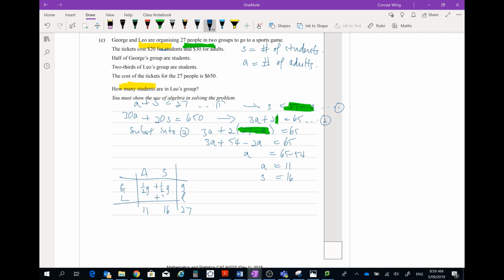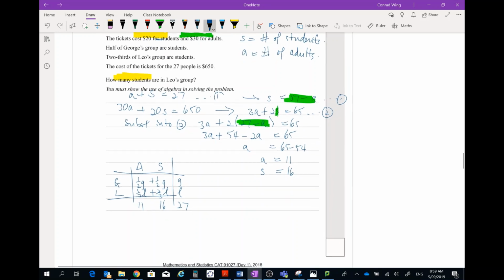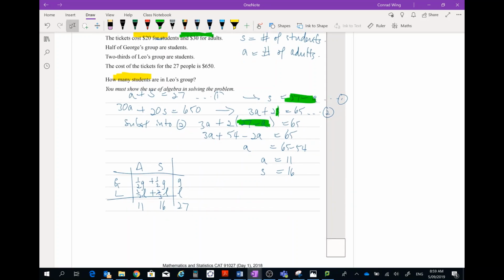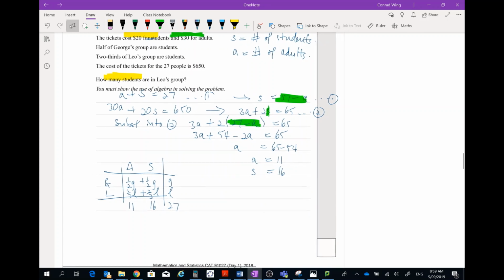So I've got here 2/3 of L, and this is 1/3 of L. So you have to form another set of simultaneous equations. It's not as bad as you think. Looking at adults, half of G plus 1/3 of L is 11. And the second one says half of G plus 2/3 of L is 16.